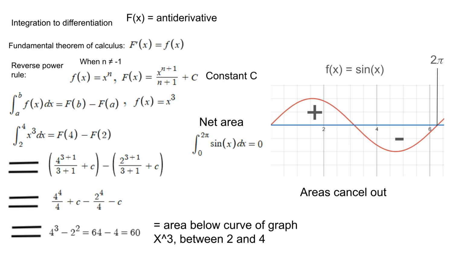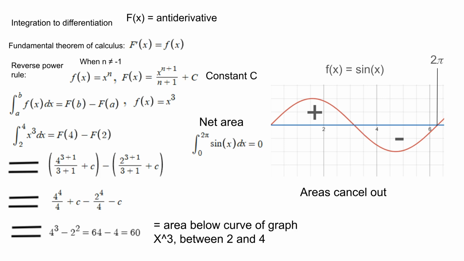I will now show how to go from integration to differentiation to show how they're related. Firstly, we need to know that capital F of x is considered the antiderivative. And in the fundamental theorem of calculus, capital F prime of x is equal to f of x. This means we are able to use a reverse of the power rule when n does not equal -1.